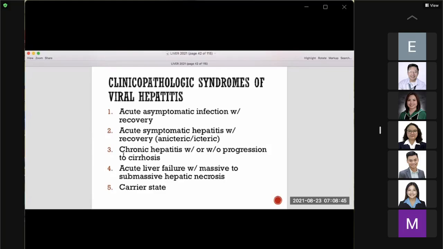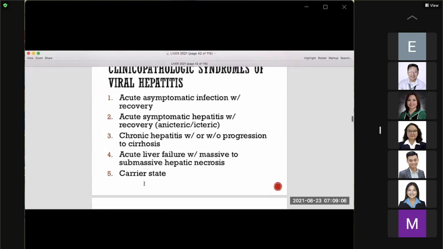The third one is chronic hepatitis, which can be with cirrhosis or without cirrhosis. That could be another scenario. The fourth is the presence of acute liver failure with massive to submassive hepatic necrosis. And the last one, they can have a carrier state.